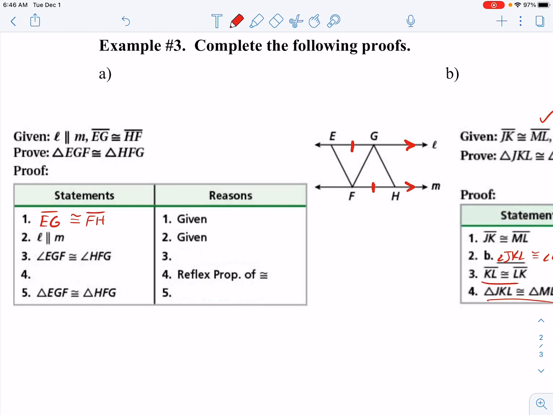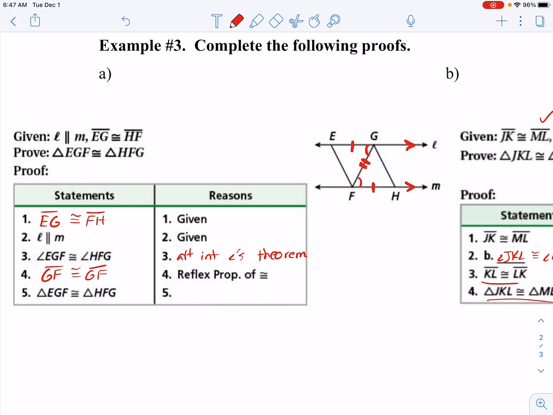And then because these two lines are parallel, we could state angle EGF and angle HFG are congruent angles because those are alternate interior angles. And the alternate interior angles theorem states that if alternate interior angles are formed by intersecting parallel lines, those would be congruent. The reflexive property of congruence should be stating a shared side, which would be GF on both triangles.